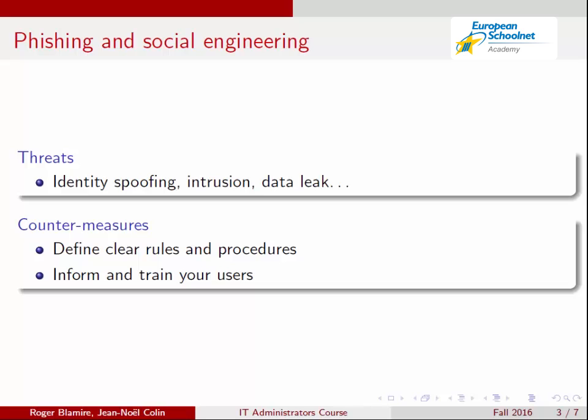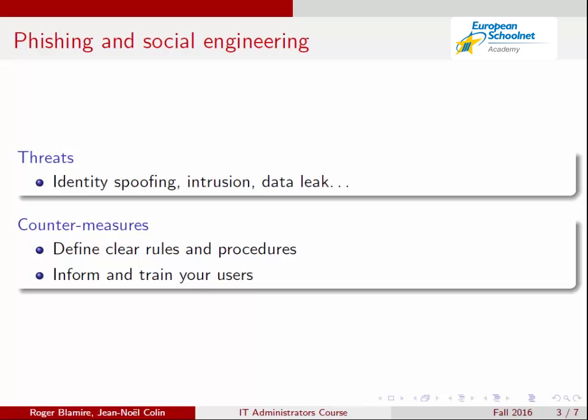The threats behind those attacks are really identity spoofing, someone pretending to be someone else, intrusion into your systems, data leaks because some files or databases have been accessed. So this can really put you into deep trouble.